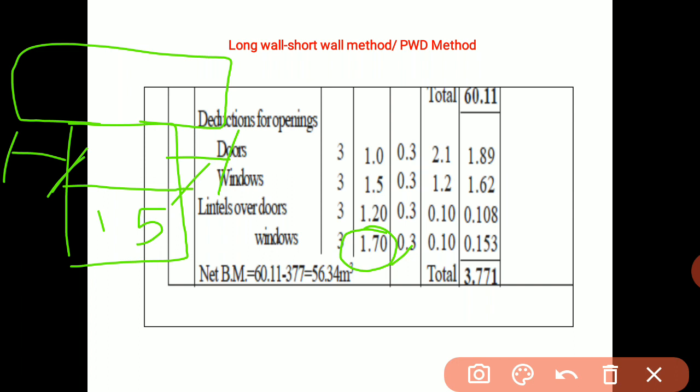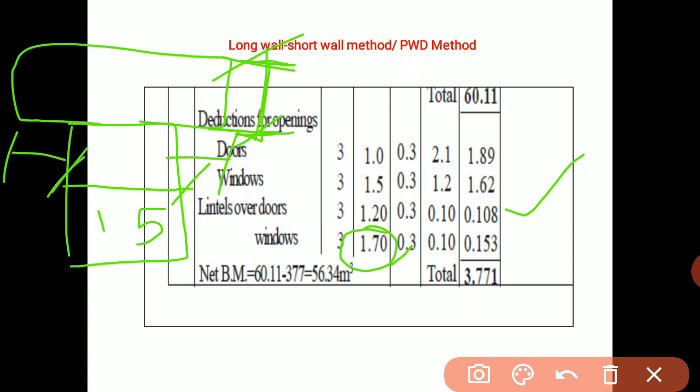And what is the height? Height for this lintel is given as 0.1. So you have to imagine all the structure in your mind. Then only will the concept be clear to you.